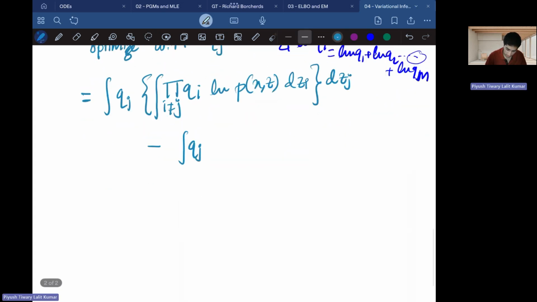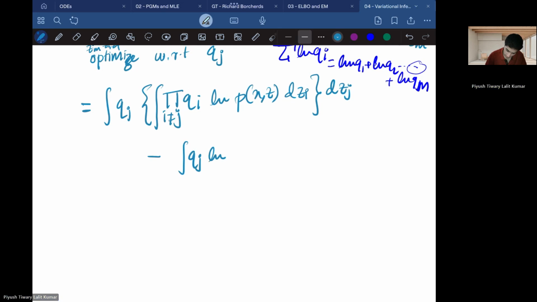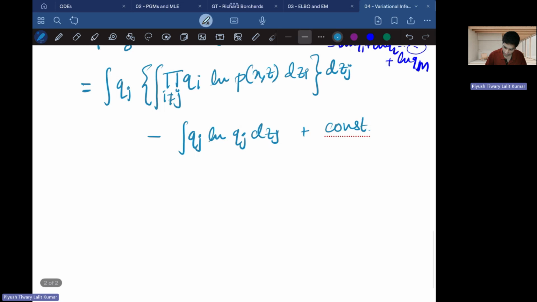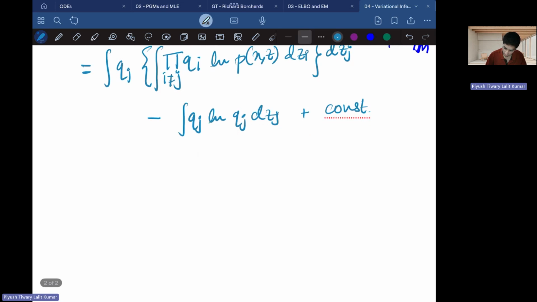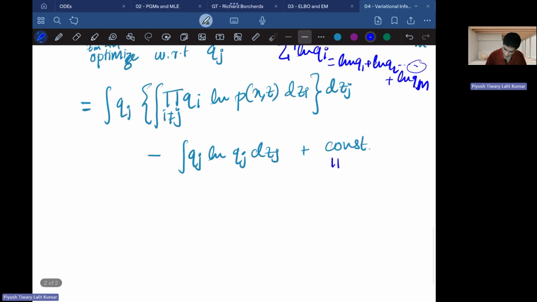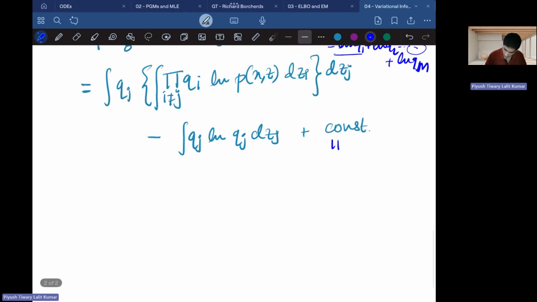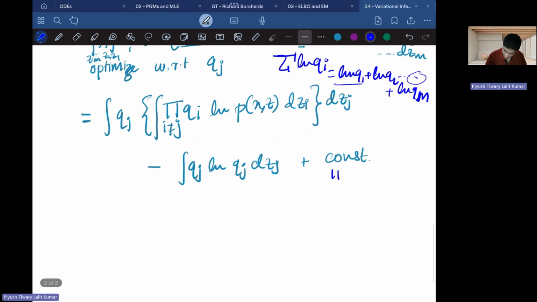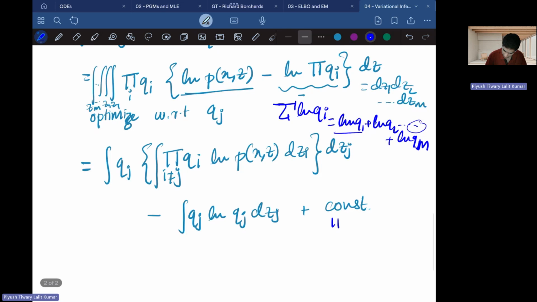So q_j and ln q_j dz_j plus some constant terms. What do I mean by that? What are these constant terms? They will look something like this. Let's consider one of these terms, let's say ln q_1, any general term.